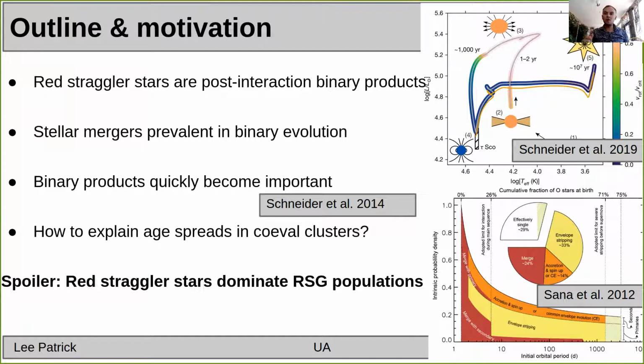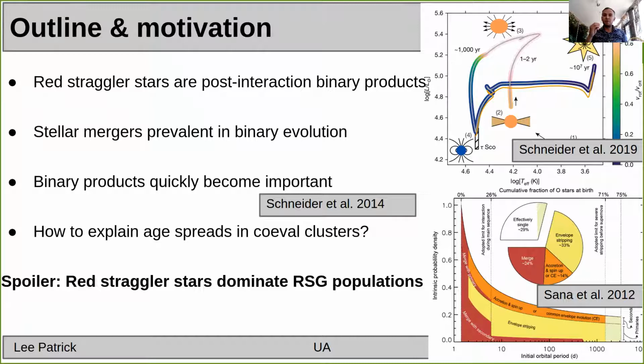Now, because binary evolution is so prevalent in massive stars, one expects the frequency of stellar mergers to be quite high in all evolutionary phases. We see evidence for this binary evolution at very young stellar phases, and in particular in young massive clusters in the galaxy.